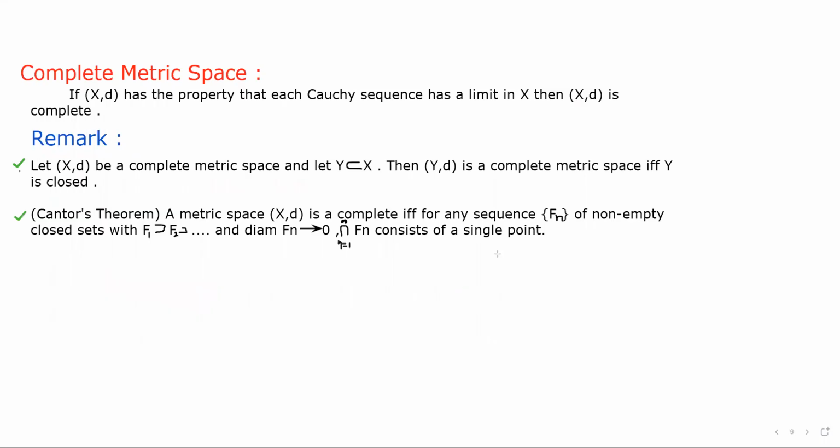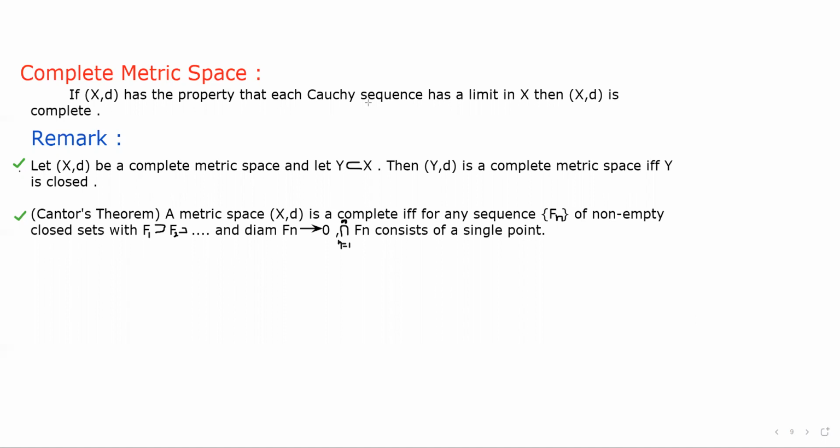Then we have the complete metric space. Okay. So what is a complete metric space? If (X, d) has the property that each Cauchy sequence has a limit in X, then (X, d) is complete. Okay.